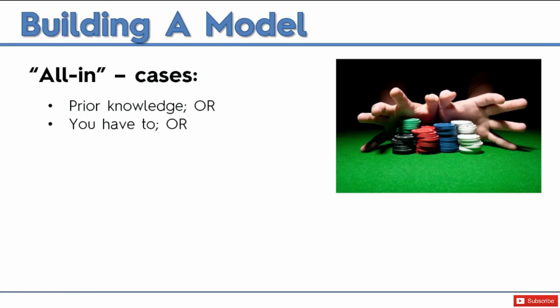The other one is you have to. Perhaps, and I can't really think of good examples here, but maybe there's some framework in your company that says that you have to use these variables. So it's kind of similar to prior knowledge, but it's not your decision.